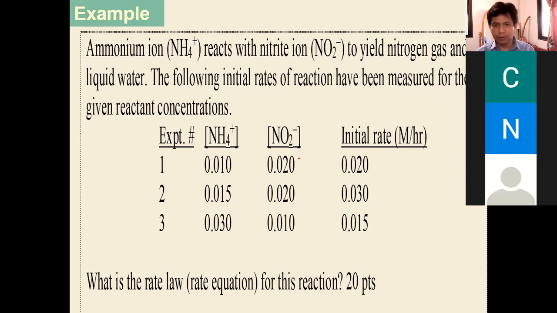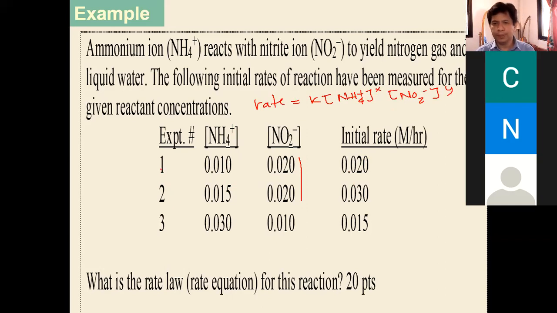Okay? So the NO2 minus here is constant, so you can get X here. Say our rate is K times NH4 plus, the ammonium ion, to the X, times NO2 minus to the Y. With experiment 1 and 2 data, you can easily find X. This is 1.5, this is 1.5, so X is simply equal to 1.